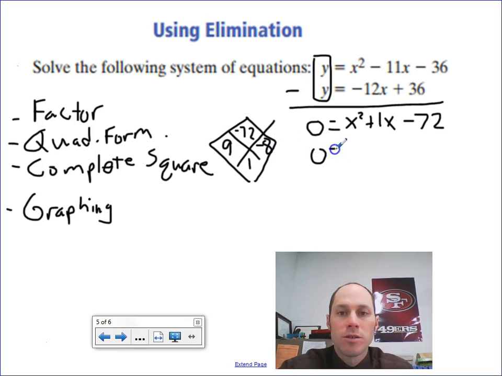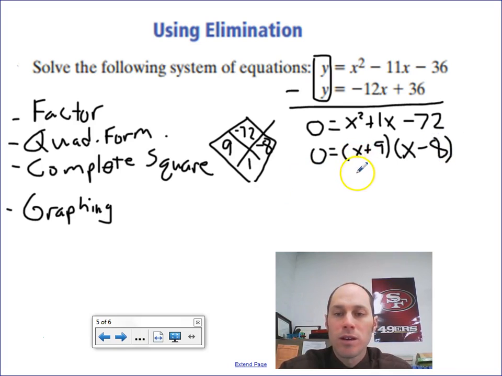So I'll say 0 equals x plus 9 times the quantity x minus 8. And then I need to find out what x is. I use the zero product property, so x plus 9 equals 0, or x minus 8 will equal 0.